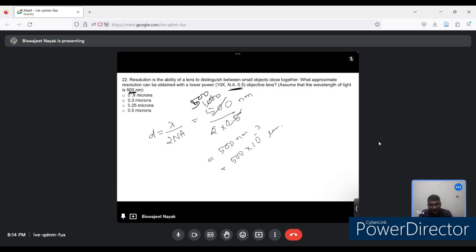So what will be the answer? 0.5 microns, correct? The answer will be 0.5 microns.